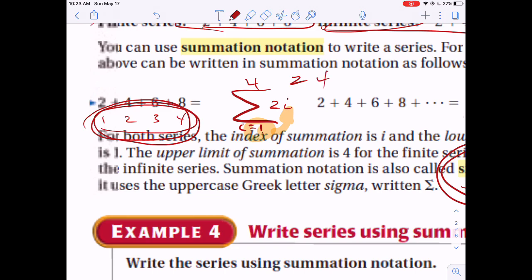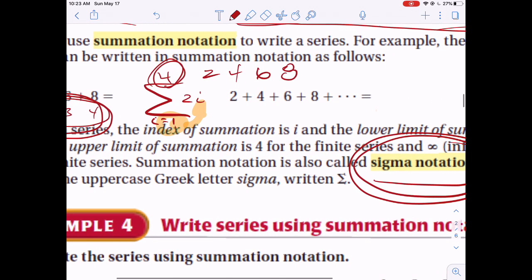And guess what? We're matching our list on the left. Next time you go to 3. 3 times 2 is 6. And then you go to 4. 4 times 2 is 8. Now you stop at 4. Why do you stop at 4? Well, you said in the notation, you stop at 4. Okay. All right. So that's how you have a finite summation notation.